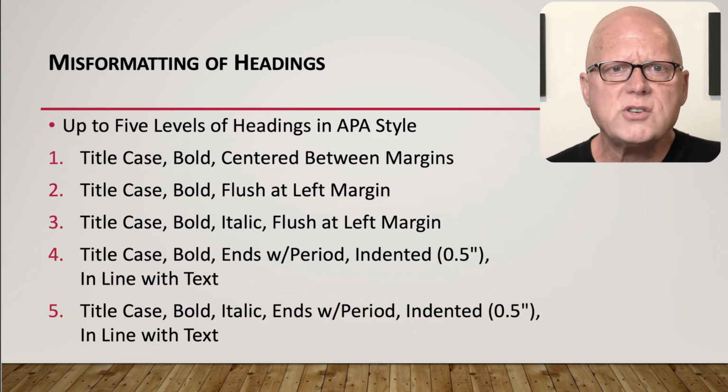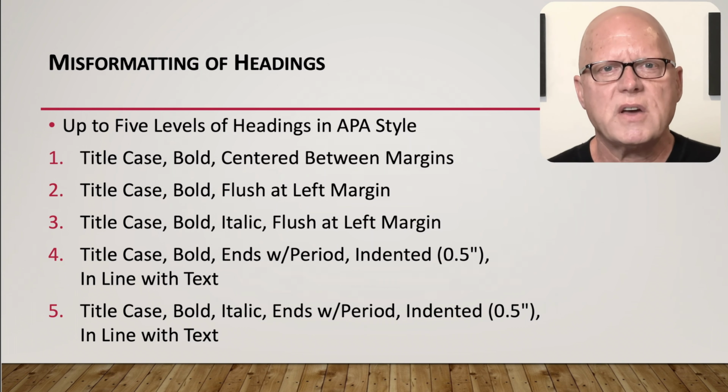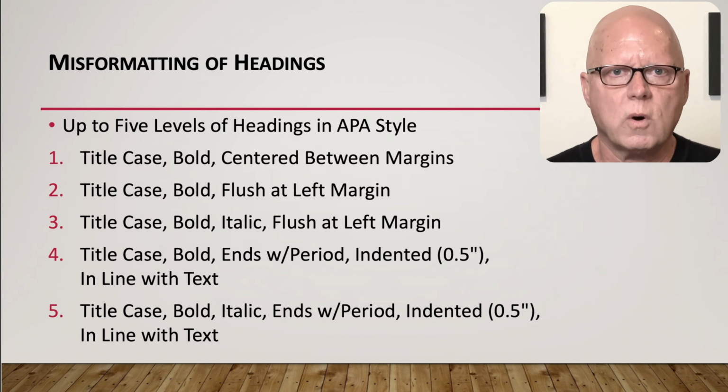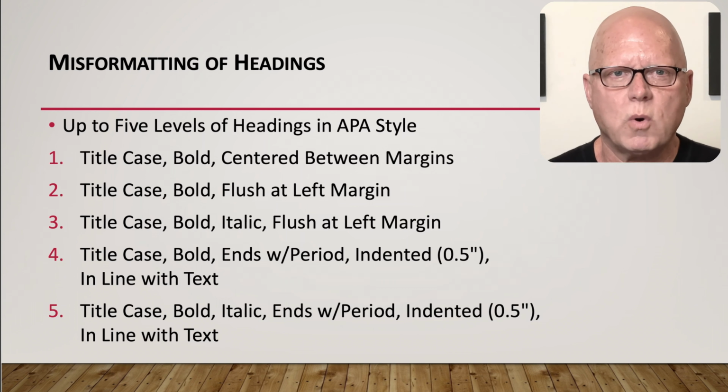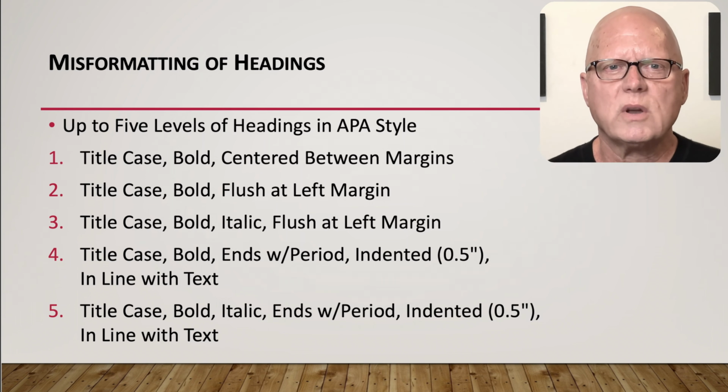As an undergraduate student, your papers will generally be short enough that you'll need only level 1 or level 1 and 2 headings. Levels 3, 4, and 5 tend to show up only in graduate work and often only in theses and dissertations.